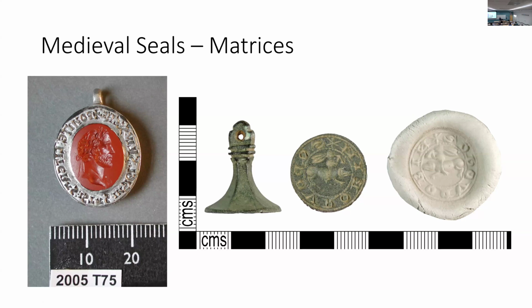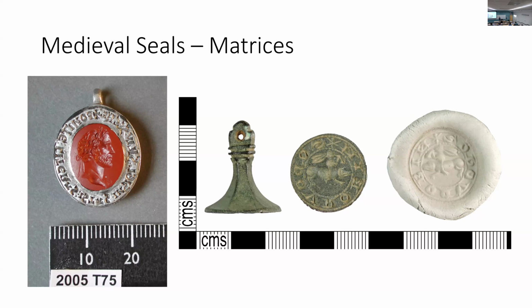Okay, so pulling these two forms of seals together into one project is in some ways quite straightforward, because they are the positive and the negative. The matrix and the impression both convey information about the visual and textual content of the seal. The impressions tend to be held by archives, so we're working with archival seal catalogs generally when we're taking information there.